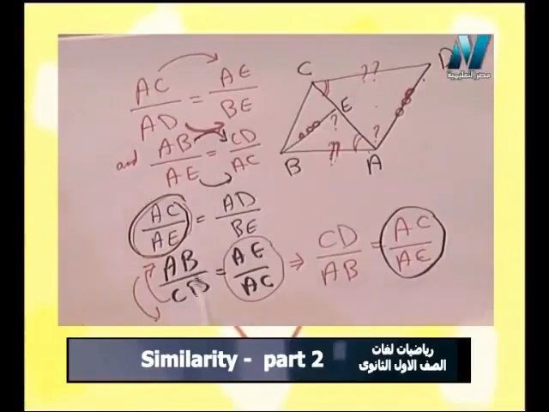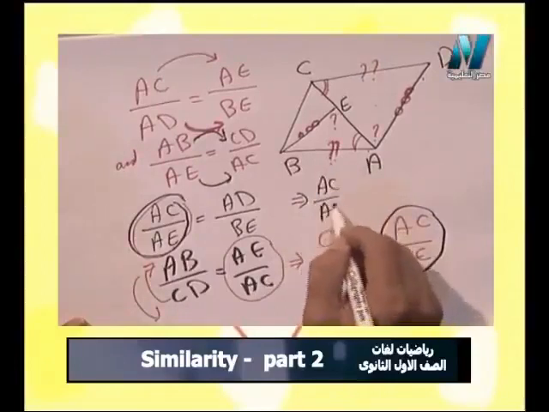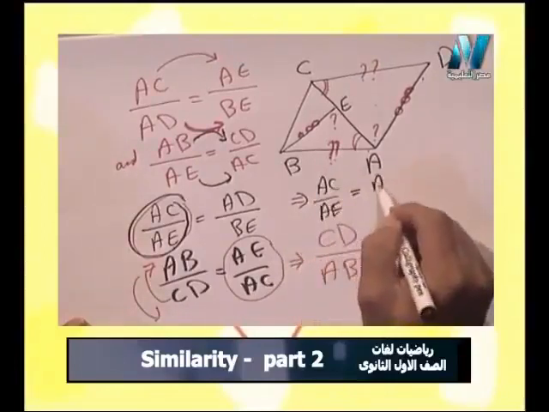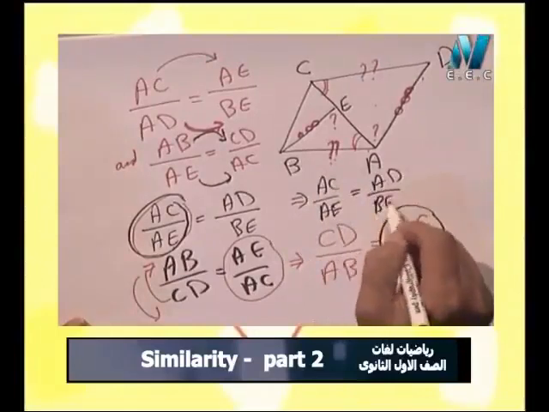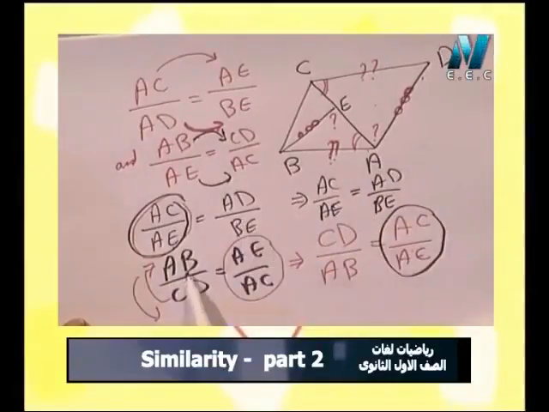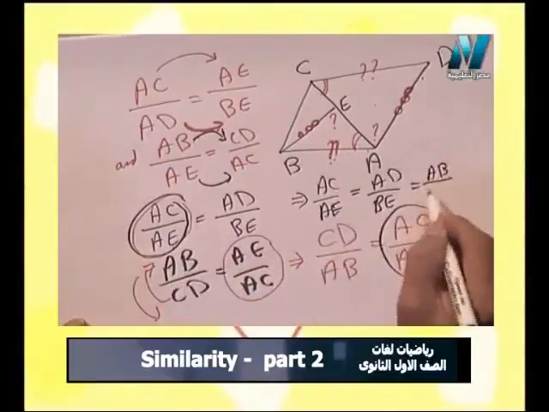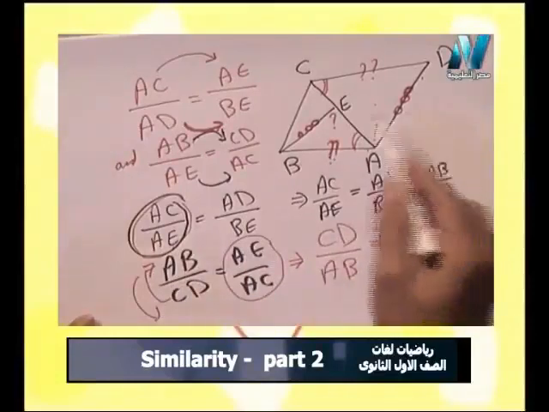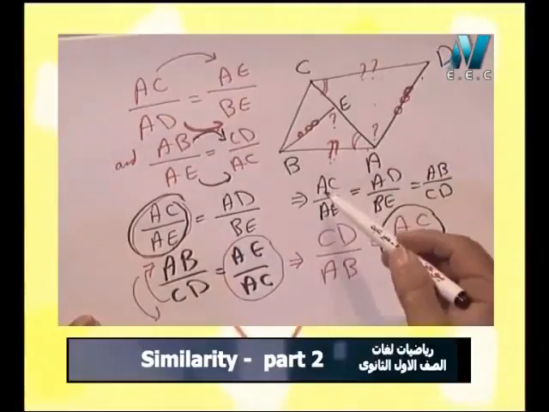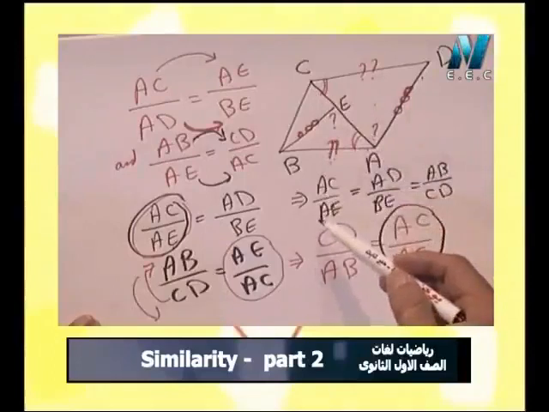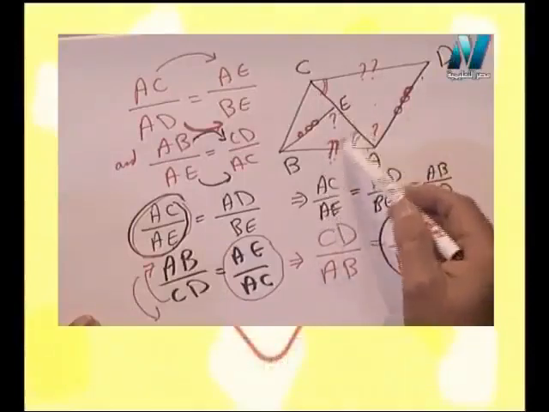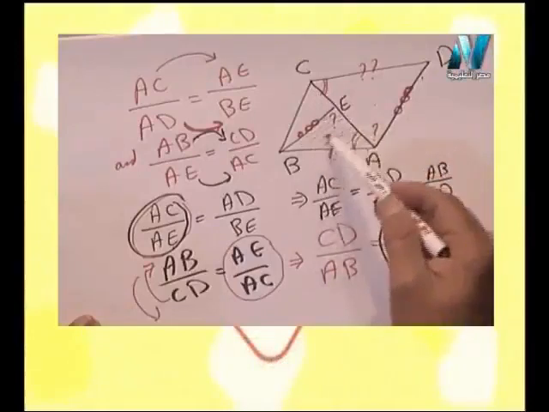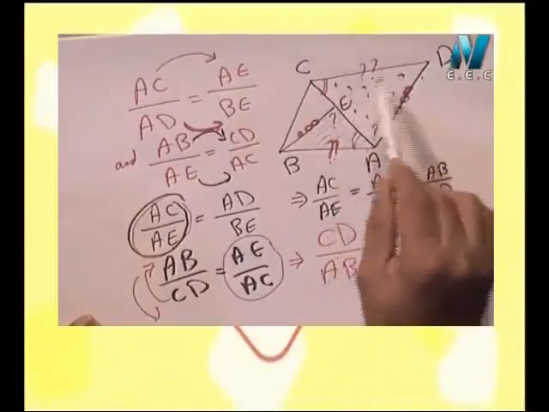So we have two ratios that are equal from the two triangles here. So we can easily prove that the ratio AC over AE equals AD over BE, which equals AB over CD. When you look at these two triangles, you will find AC in the first triangle over AE in the second one, and we have this big one here.